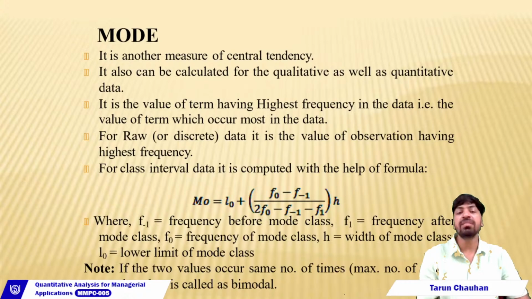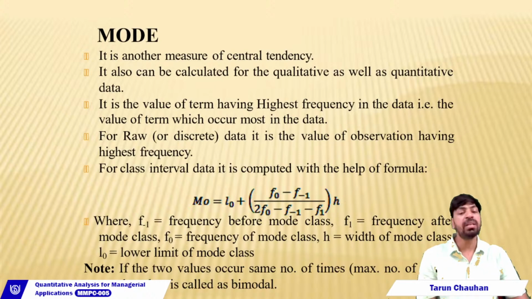Here f1 is the frequency before the mode class, f2 the frequency after the mode class, f0 the frequency of the mode class, and h is common among all the measures of central tendency, that is the width of the class interval or mode class.